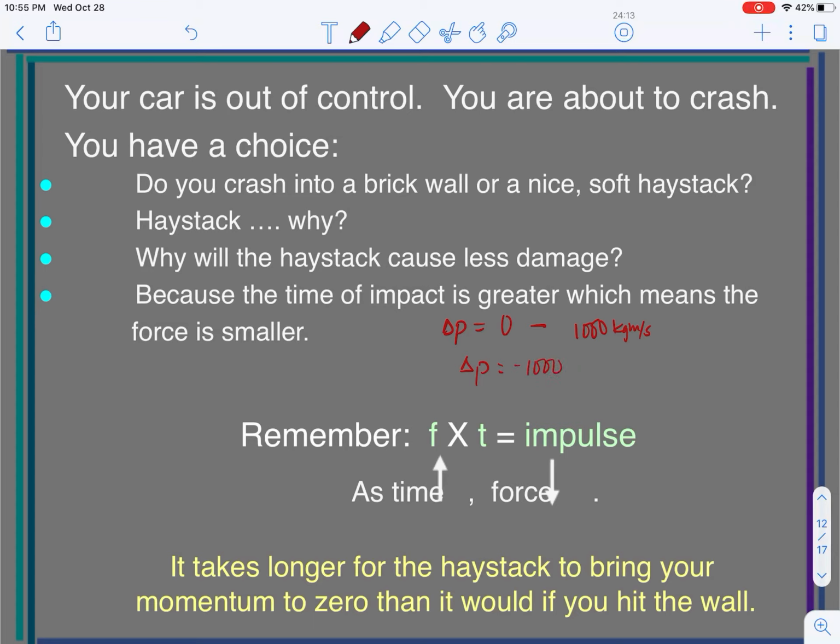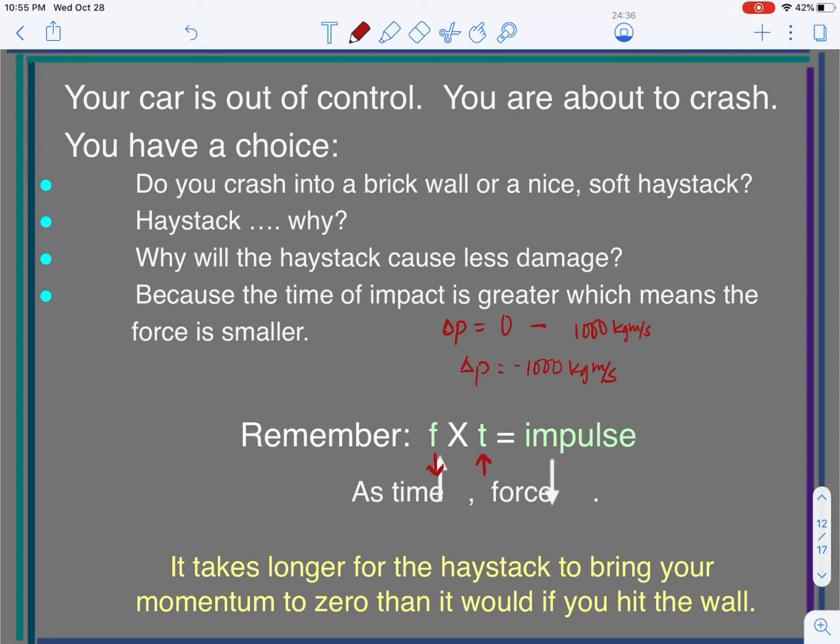So in both cases, my change in momentum is a negative 1,000 kilogram meters per second. Assuming that it's the same magnitude, allowing me to come to a stop in more time as a result decreases the amount of force needed to stop me, okay?